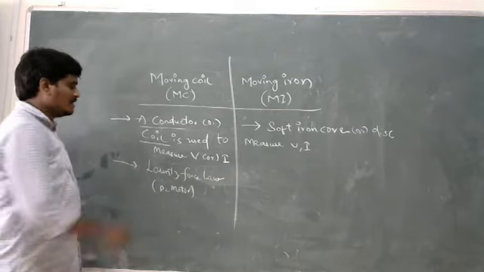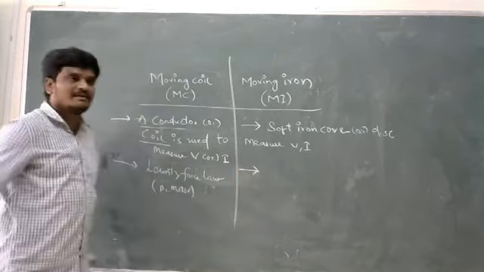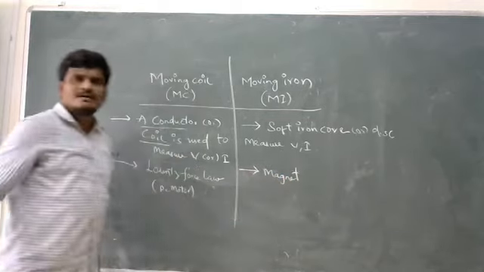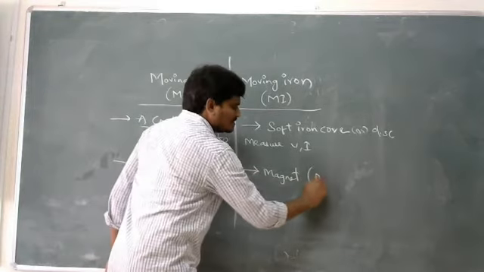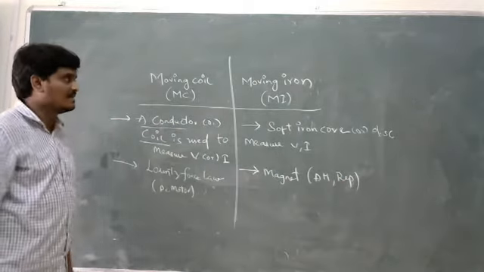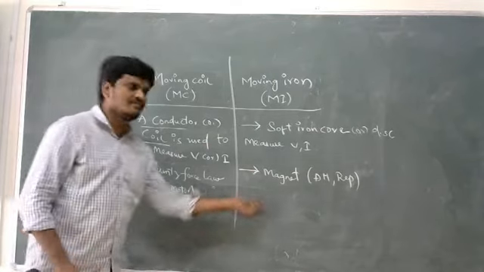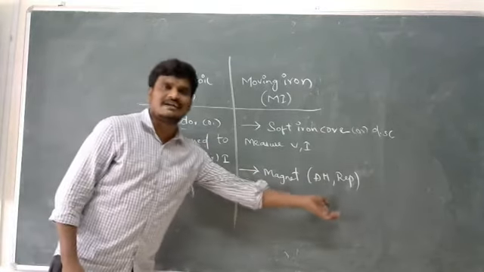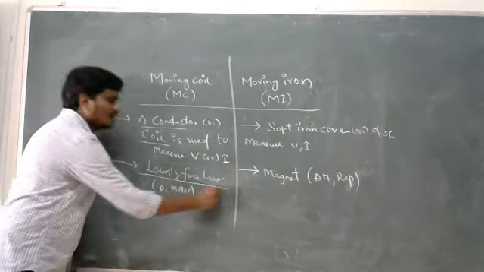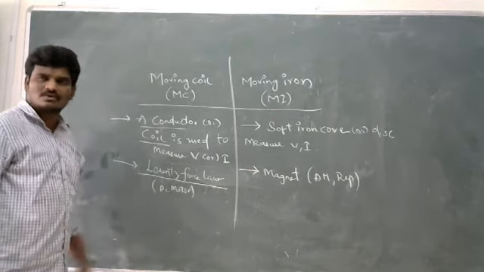Now the MI instrument works on the properties of a magnet, which include attraction and repulsion. The moving coil mainly works on the Lorentz force law because I am using a conductor or coil to produce some amount of force here.